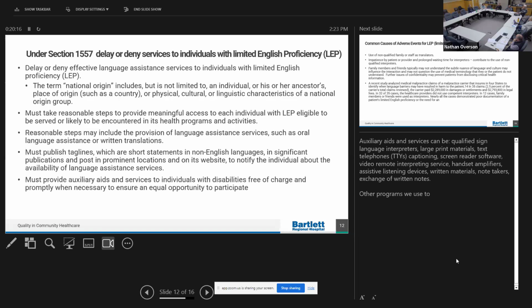Do you have any difficulty? Basically it's a really low threshold to offer the services. We're mandated and obviously ethically should be offering this to anybody with limited English proficiency. We must also inform them that it is free. We want to make sure that they know that it's not something they're going to be charged for.